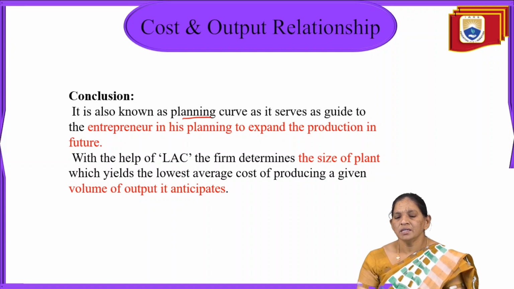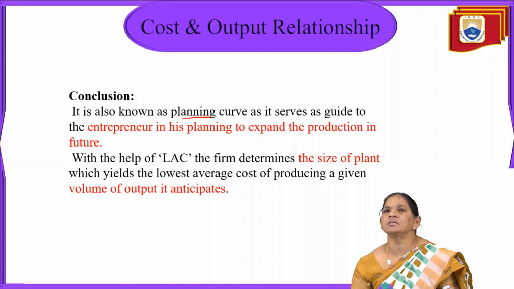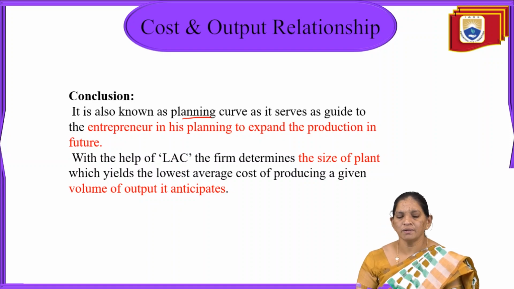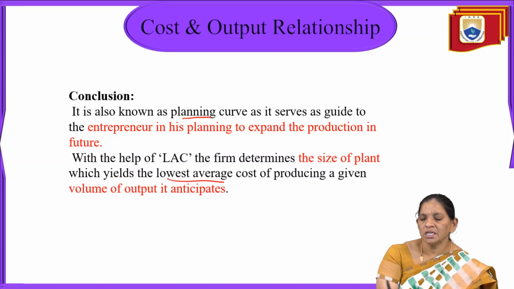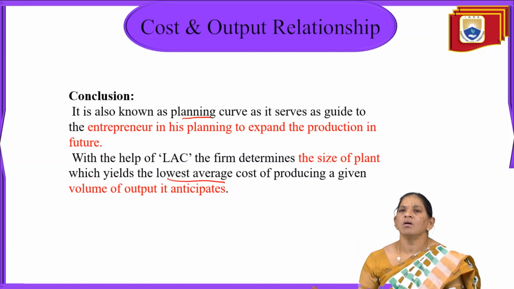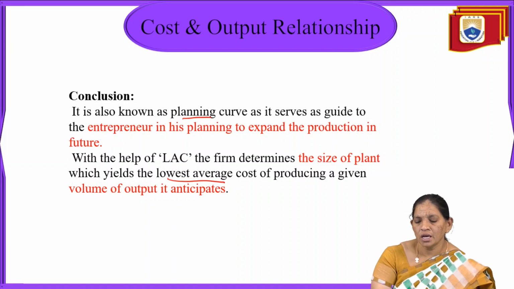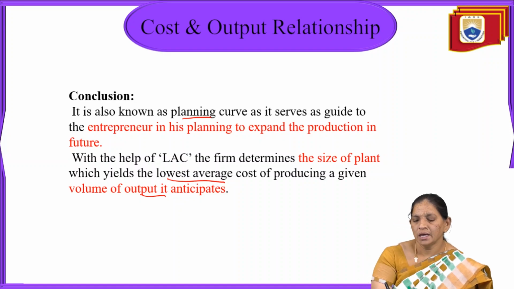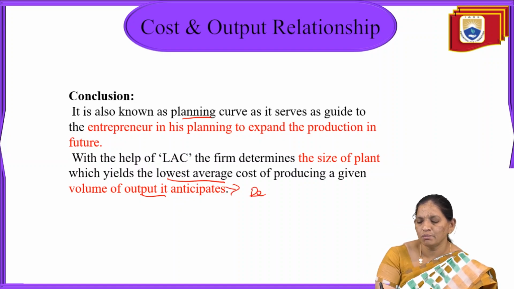With the help of this long run cost curve, the firm is able to determine the size of plant which yields the lowest average cost of producing the volume of output that is anticipated or demanded.